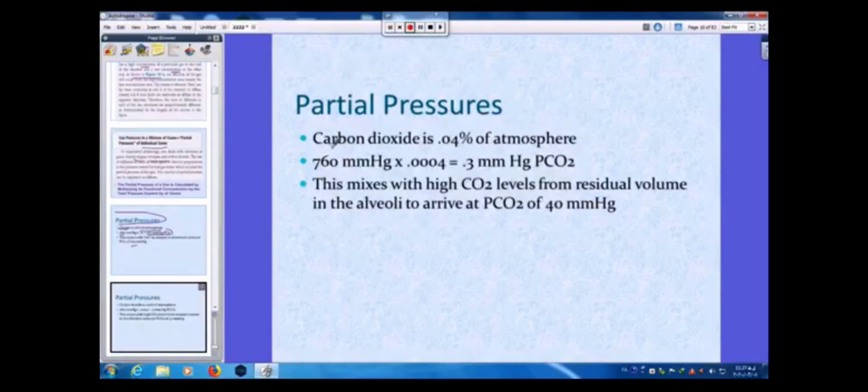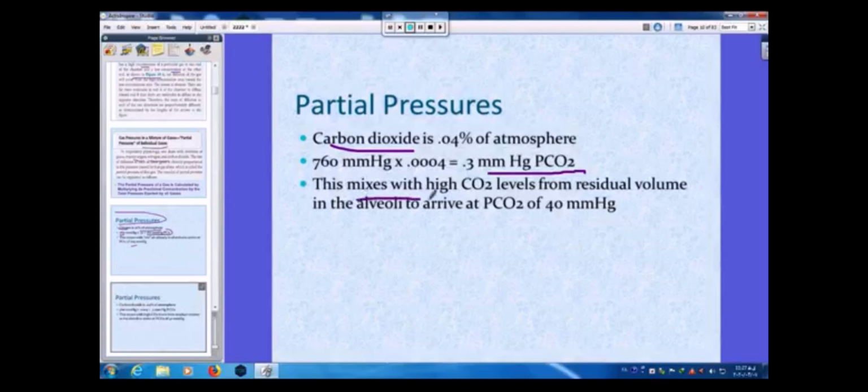For carbon dioxide, the partial pressure in the atmosphere is very low, less than 1%. In the atmosphere, we have 0.3 millimeters mercury for the pressure of CO2. You can see the pressure of oxygen in the atmosphere is high, and the pressure of CO2 in the atmosphere is very low.